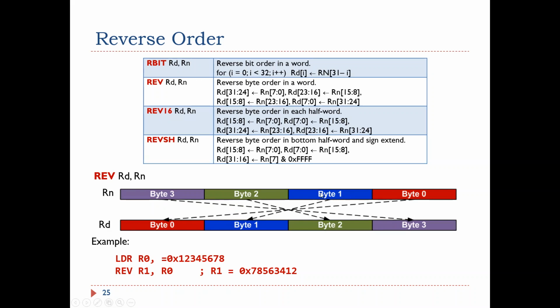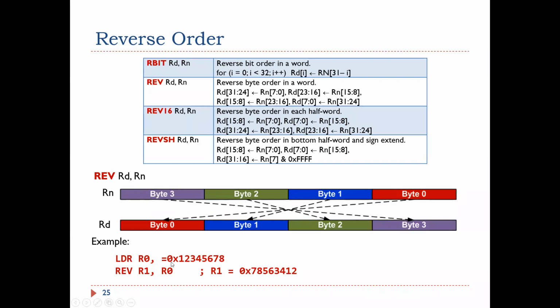Byte 1 of the source will become byte 2 of the destination. Similarly, byte 3 of the source will become byte 0 of the destination.